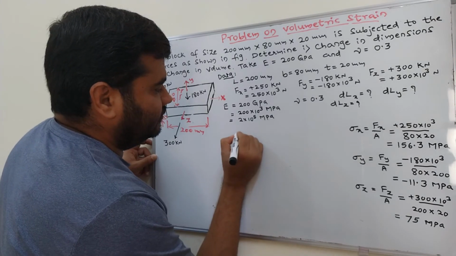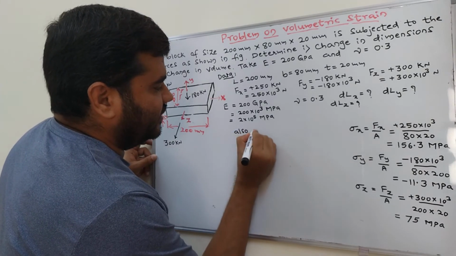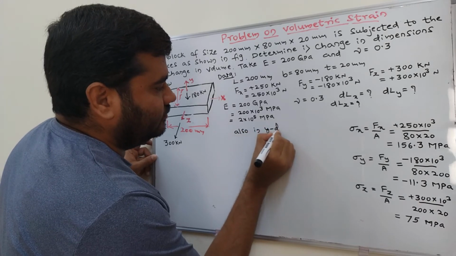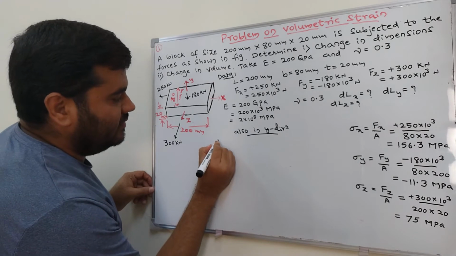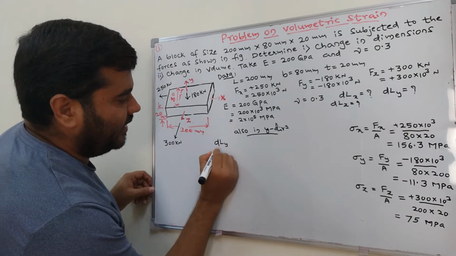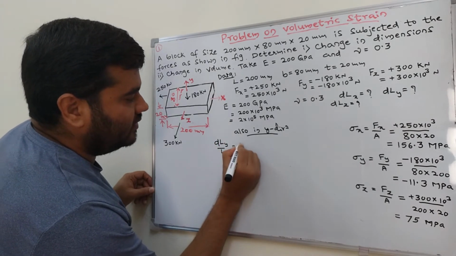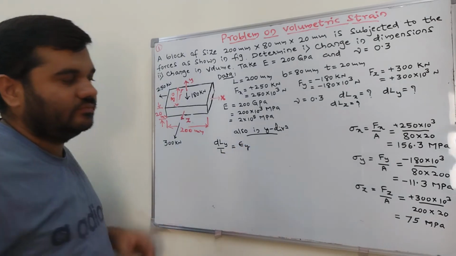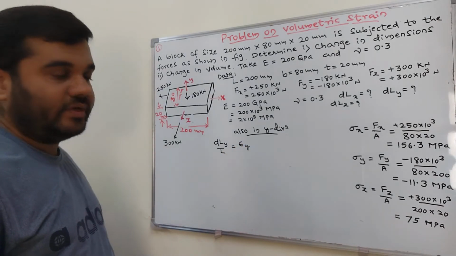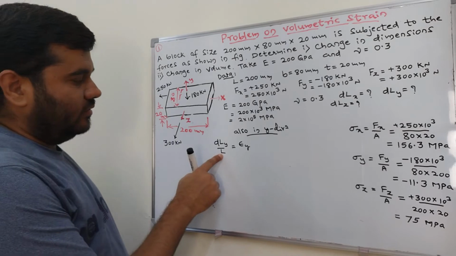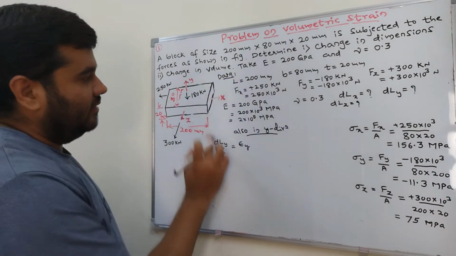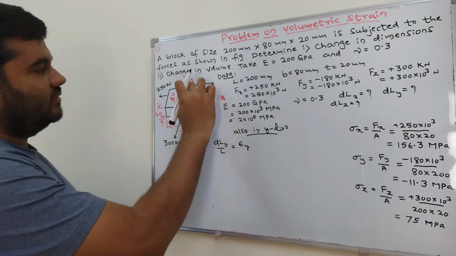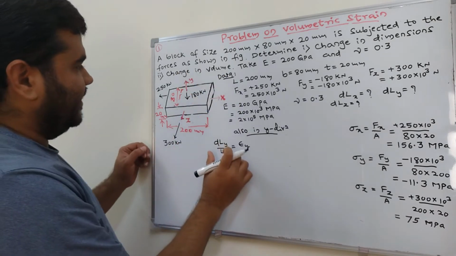Also in y direction, change in length in y direction divided by original length equals strain in y direction. I know the length. What is the length here? Length means width, because this is related to the y direction.